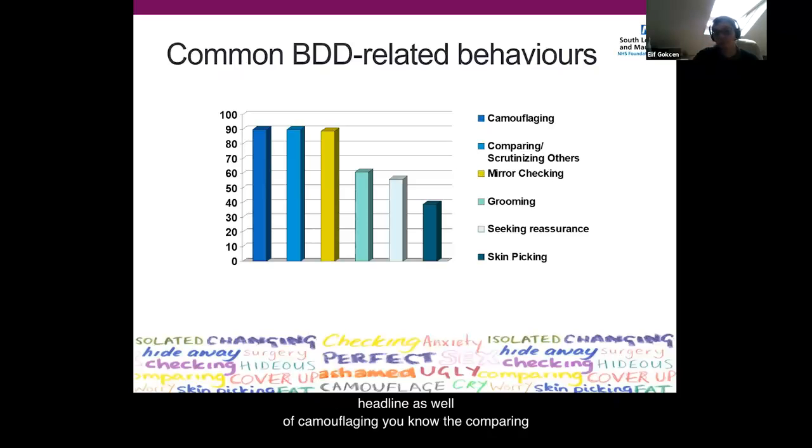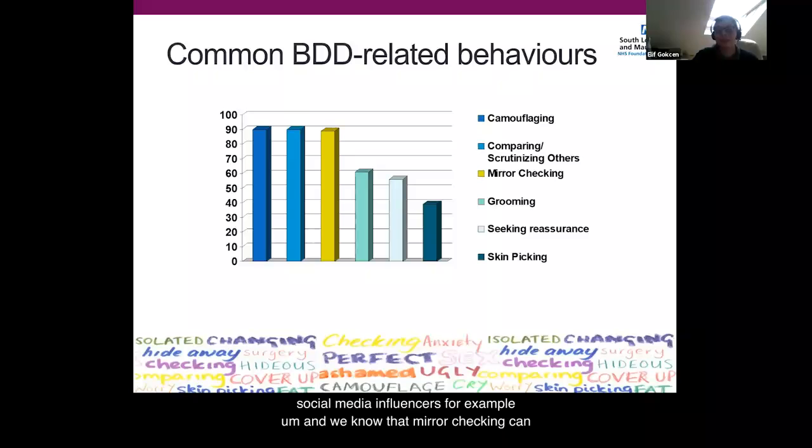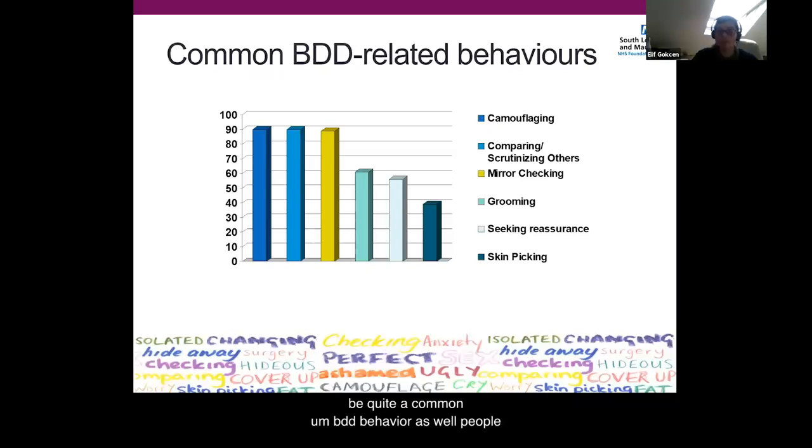We know that comparing appearance to other people, and that could be anyone from friendship groups to people that walk just down the road, to celebrities and social media influencers, for example. And we know that mirror checking can be quite a common BDD behaviour as well, people describing that they can really feel they're inspecting their appearance in the mirror for hours at a time.